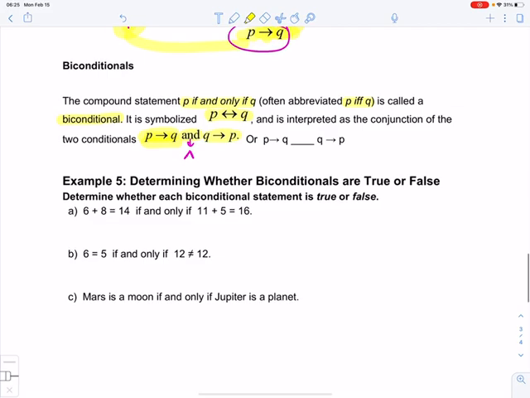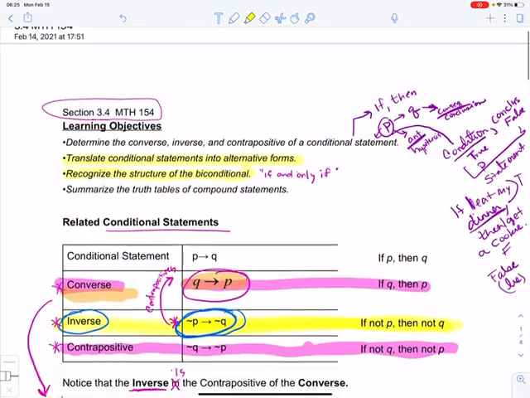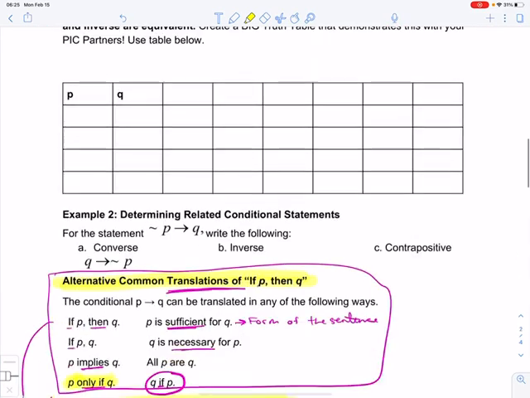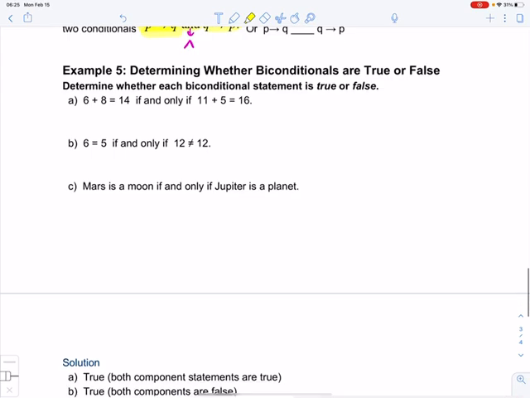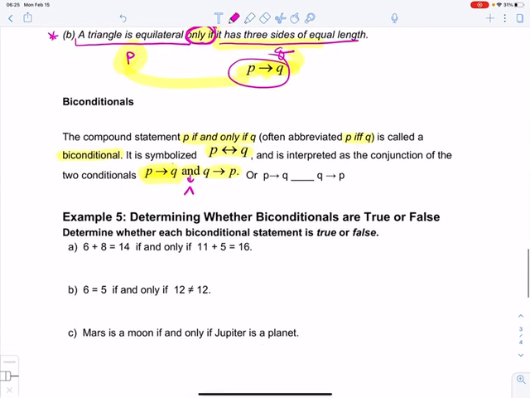So you're actually looking at the converse. Because if you remember, the converse is where they just flip things around, right? So what you're looking at with biconditionals is the original conditional statement to see if it's true, and you're going to take the intersection and see if its converse is true. And then you're going to be able to tell whether or not the entire statement is true.